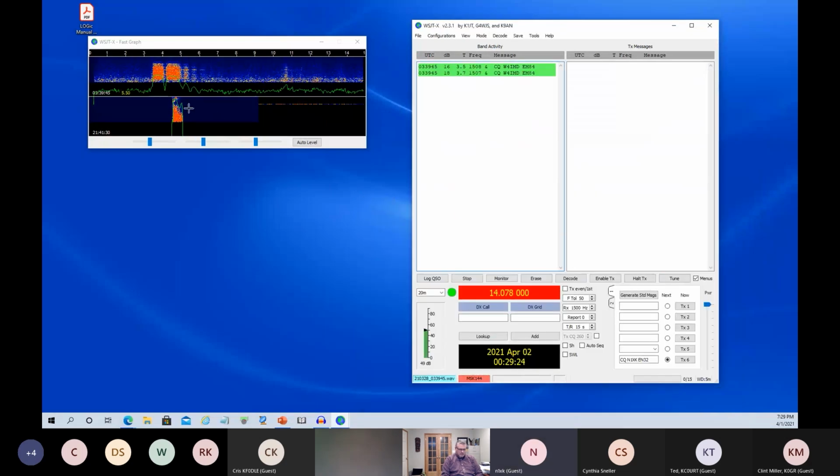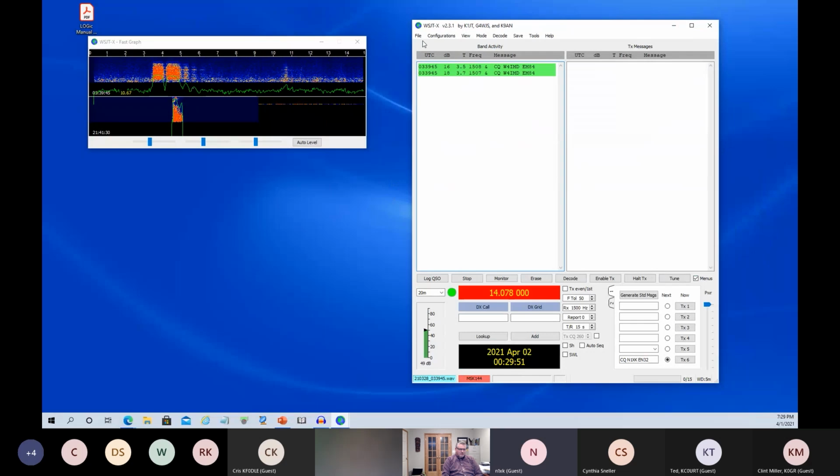Okay, so what you're seeing here, okay, here's two signals coming up. You see them coming out of the noise level. That decodes as CQ from W4IMD. And it showed up at 3.5 and 3.7 seconds, which is about there and there. And the dB is 16 and 18. That's a really strong meteor scatter signal.